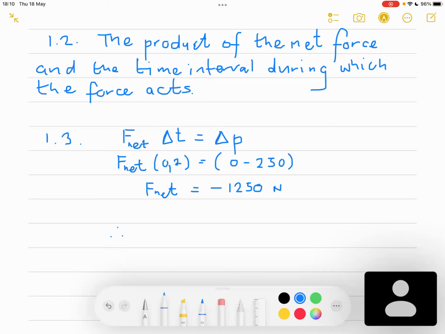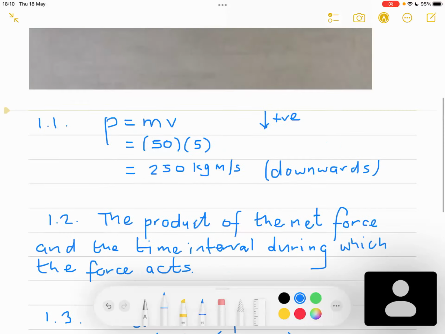So you just say that the net force is 1250 newtons. That's just the magnitude. The negative sign's telling us about the direction. So that's the net force that acts on the dancer as she lands.